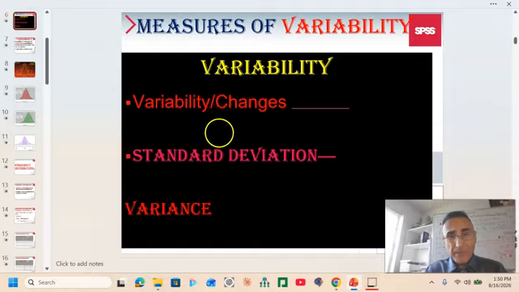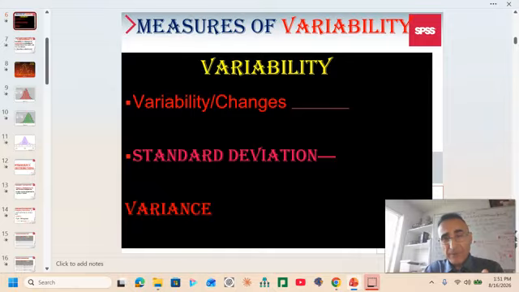We use these descriptive statistics to calculate the variability. And we use it because of the changes, to see where we stand. For example, if the mean for the class is 70 and the standard deviation is 10, then one of your students will say, how did I do?